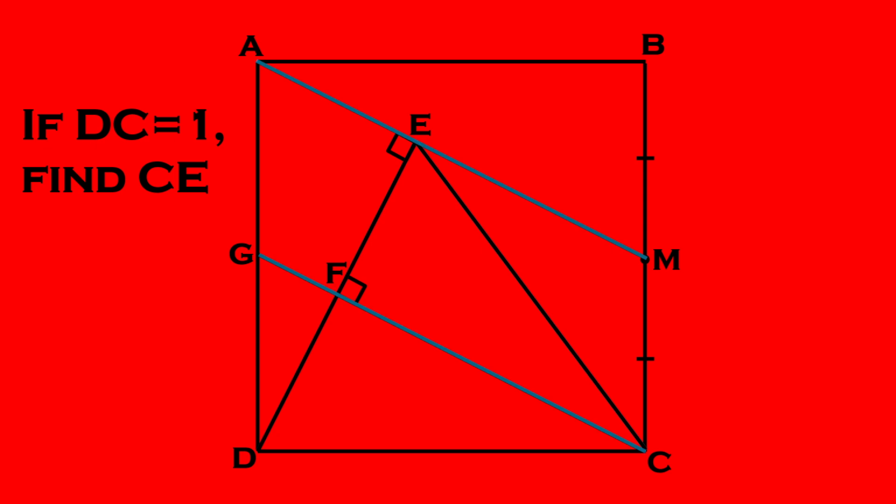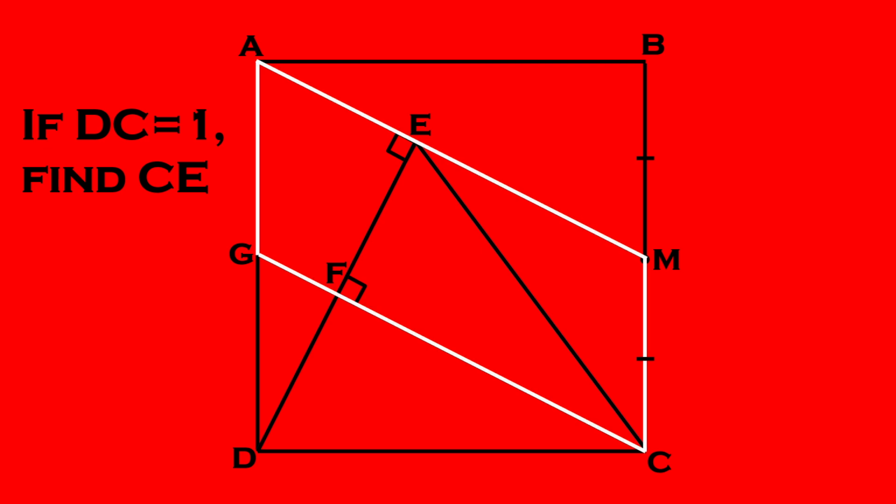Now, if we observe the two blue lines, they are also parallel because the two alternate interior angles are equal. Therefore, the white quadrilateral will be a parallelogram, and so segment AG will be equal to MC.